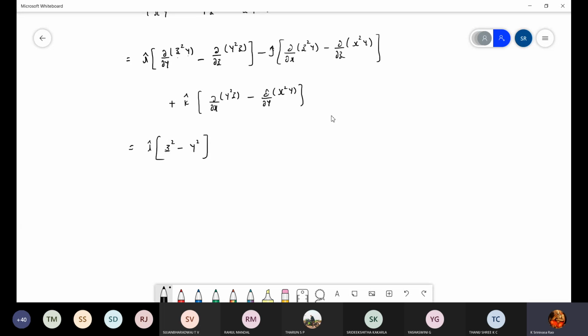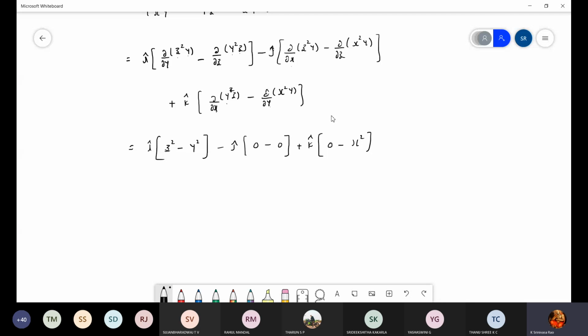With respect to z, keep y square as it is, z differentiation is 1. Minus j cap into partially with respect to x, no x in the first term, therefore it is 0, minus again with respect to z, no z term, this is also 0. Plus k cap into differentiation with respect to x, no x, this is 0, minus with respect to y, you will get x square.